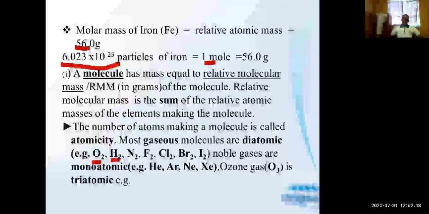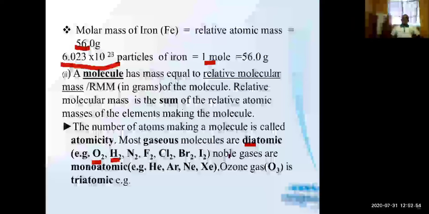Hydrogen gas also has two atoms of hydrogen. Nitrogen the same, fluorine the same, chlorine the same, bromine the same, and iodine the same. So they are called diatomic. Di means two.